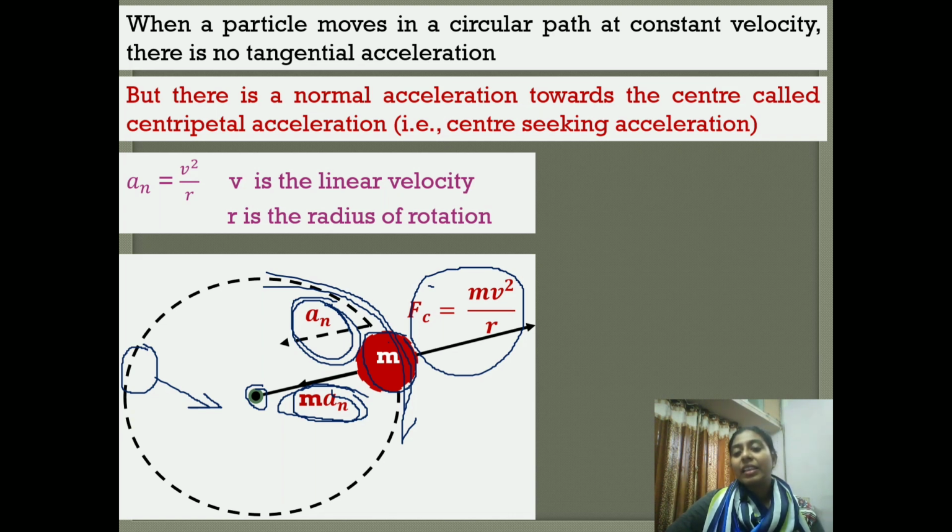The centripetal force will act opposite to the direction of an. So Fc is opposite to the direction of an, and it is equal to mv square by r.